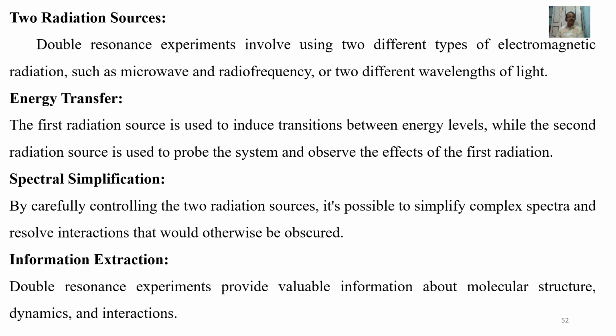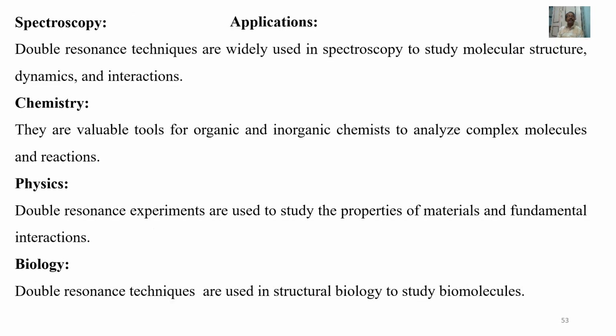Spectral simplification: by carefully controlling the two radiation sources, it's possible to simplify complex spectra and resolve interactions that would otherwise be obscured. Information extraction: double resonance experiments provide valuable information about the molecular structure, dynamics, and interactions.